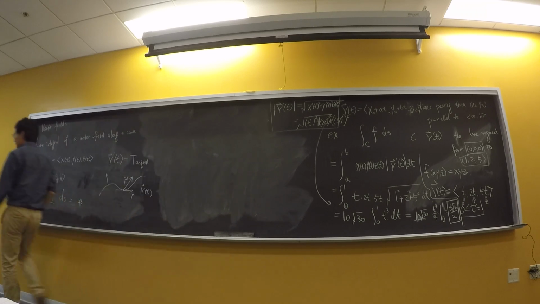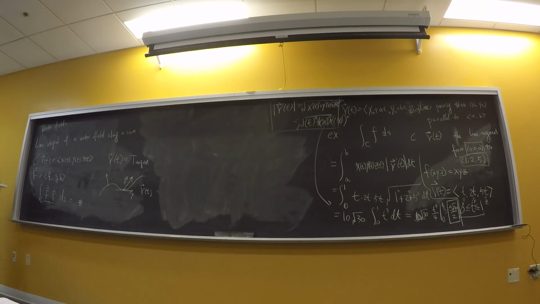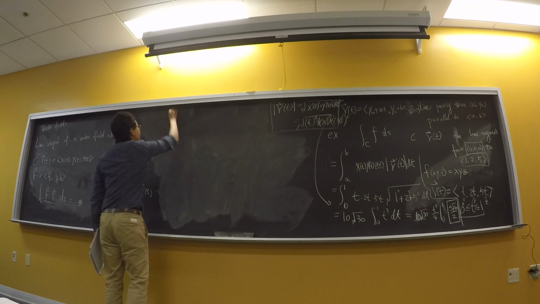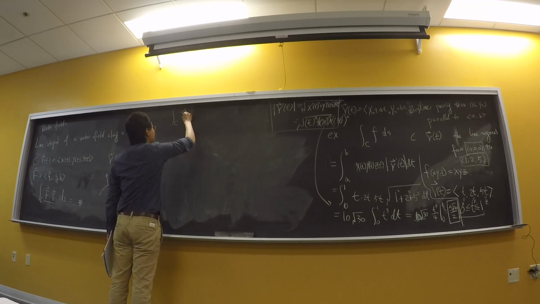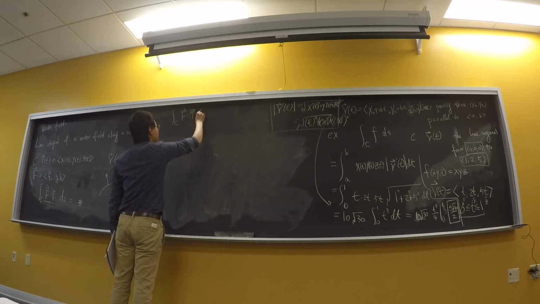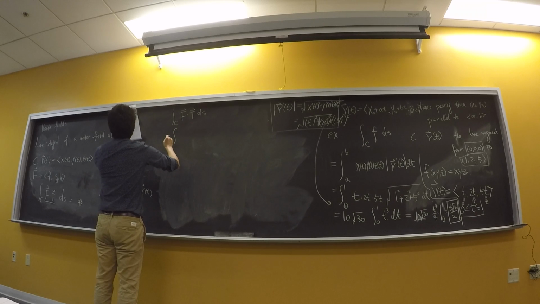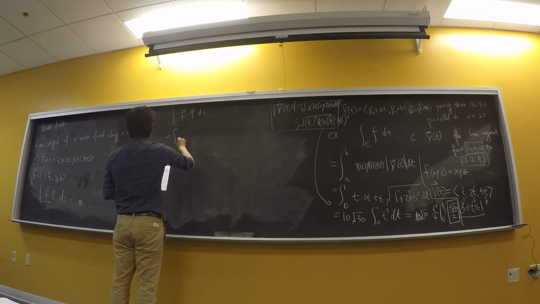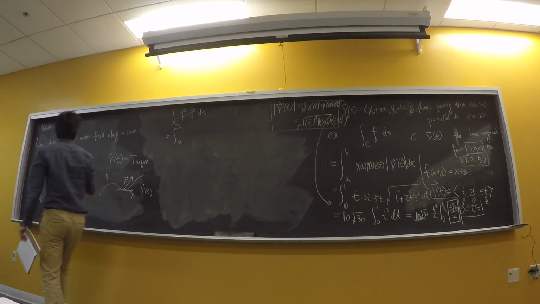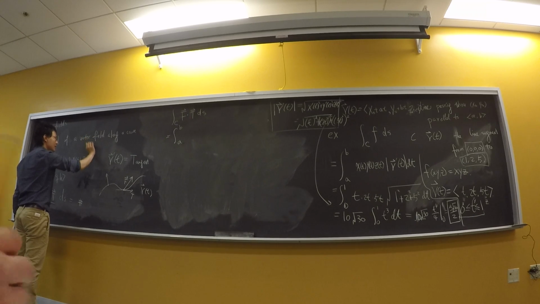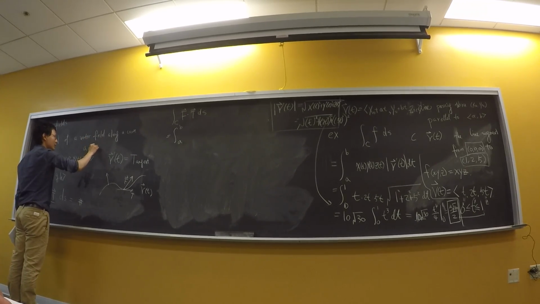Okay? So this is the general formula, but overall we have the formula that the integral over C of F dot T ds is going to equal the integral from a to b. So let's say my curve is going from t equals a to t equals b.